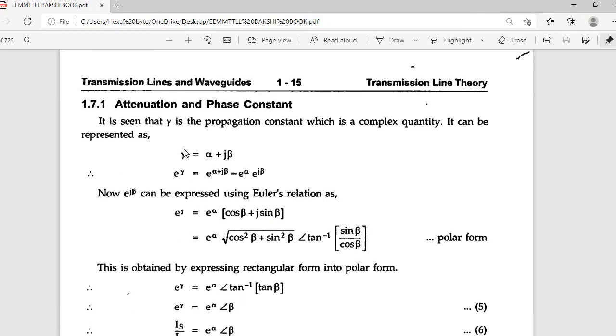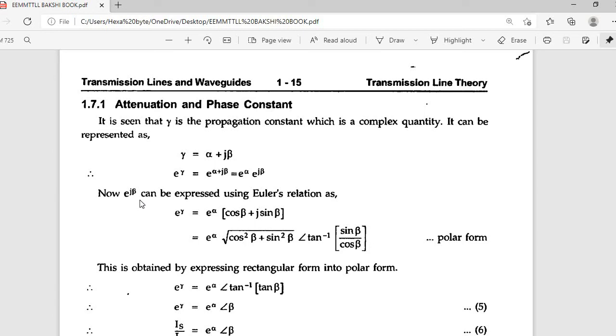So now let us look into attenuation and phase constant. It is seen that gamma is the propagation constant, which is a complex quantity. It can be represented as gamma is equals to alpha plus j beta. So e power gamma is equals to e power alpha plus j beta, so it is in terms of e power alpha into e power j beta.